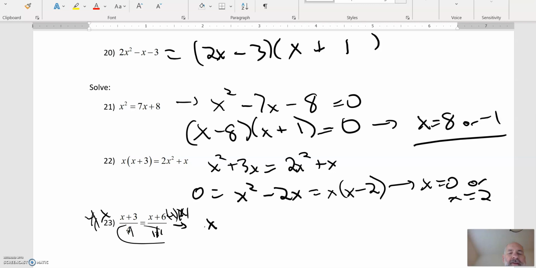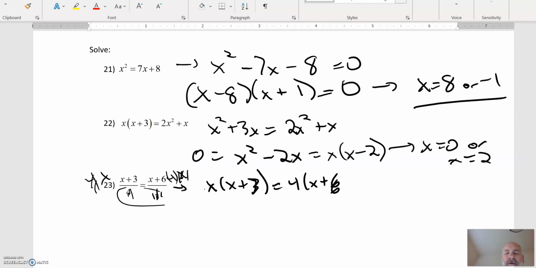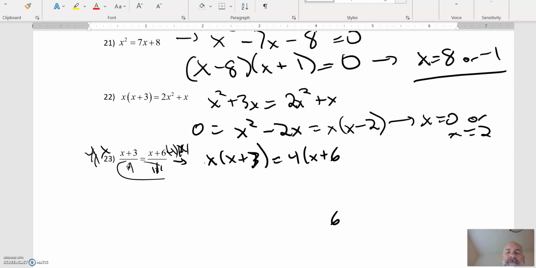So you'd get x times (x plus 3) equals 4 times (x plus 6), which is x squared plus 3x equals 4x plus 24. That was a miss on the plus sign, going too fast.